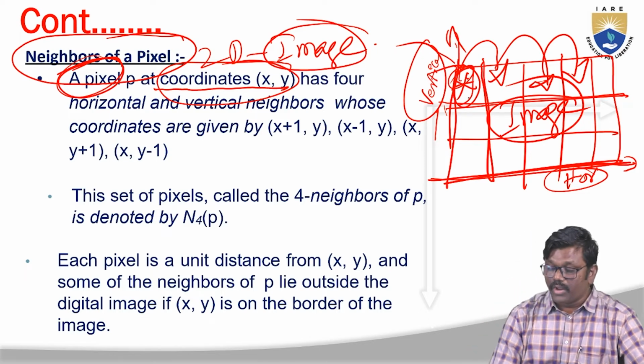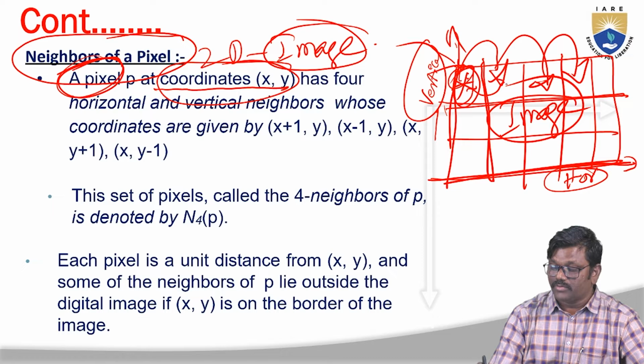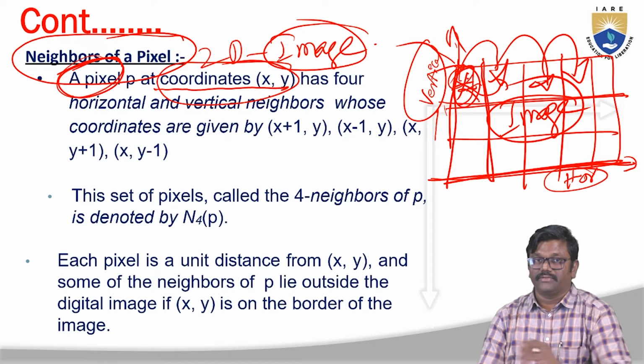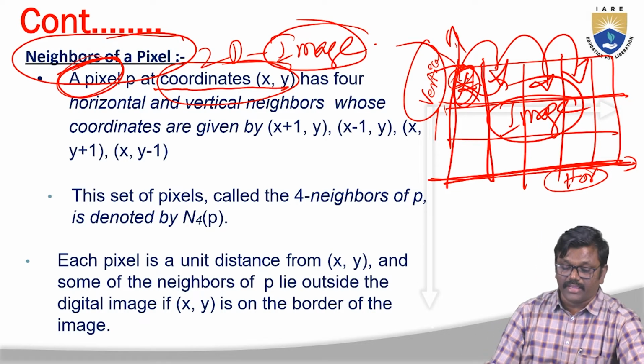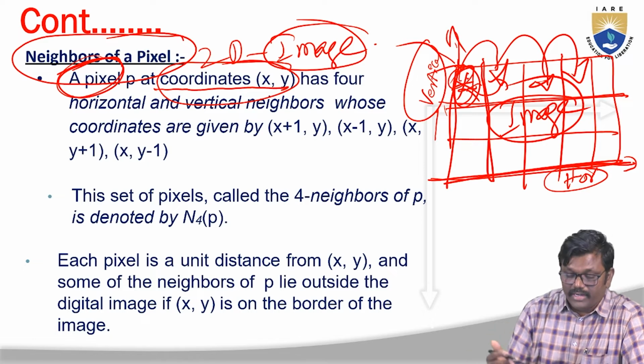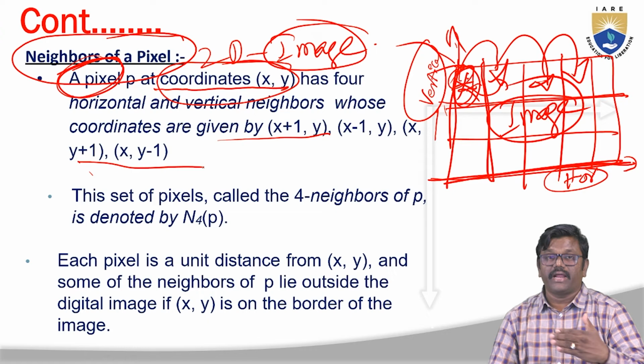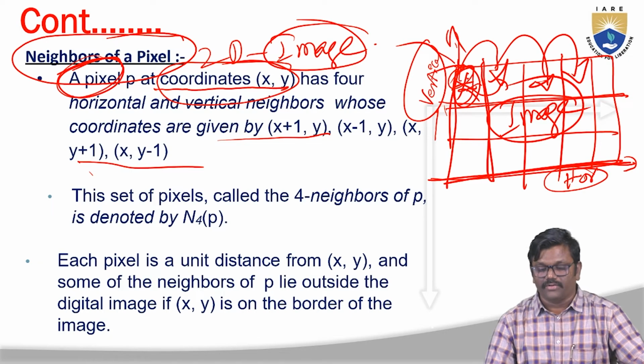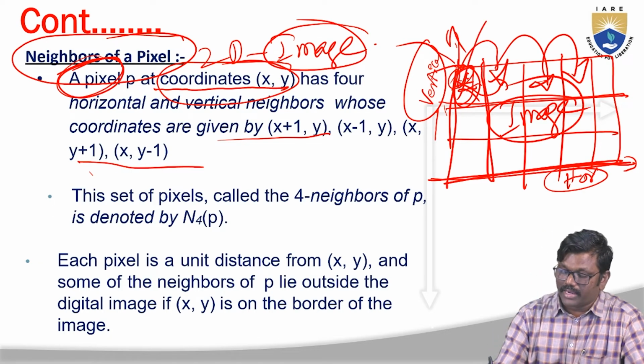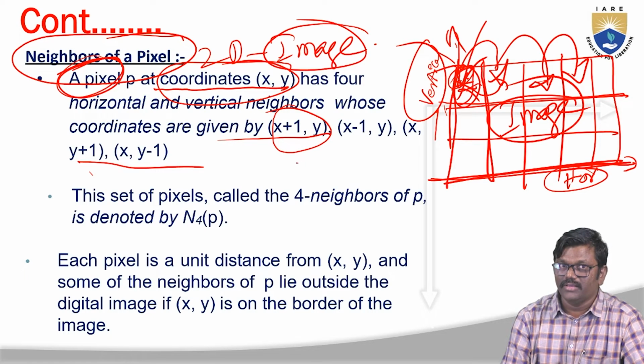That means one pixel to another, we are connected. So based on your connecting, whose coordinates are given in a standard way, the first one may be connected like x plus 1 with y. What is x plus 1? It is the x coordinate and the y coordinate.